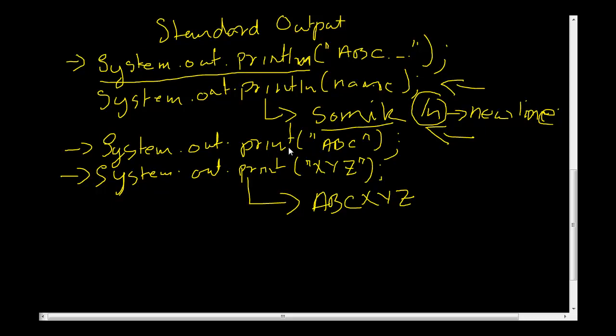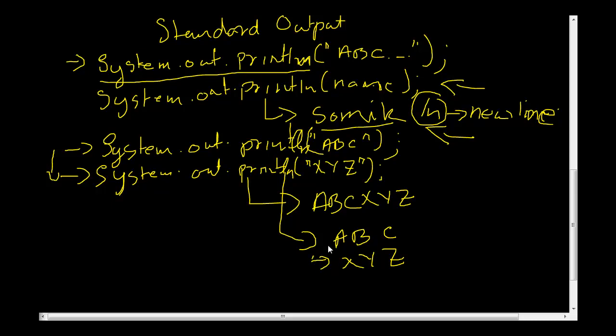Now let's convert them to the println method. In this case, we execute these two statements again, and we're going to see the following on the screen: ABC, XYZ. Because it's a println, it has a new line character, so the next thing that prints is going to print on the next line.